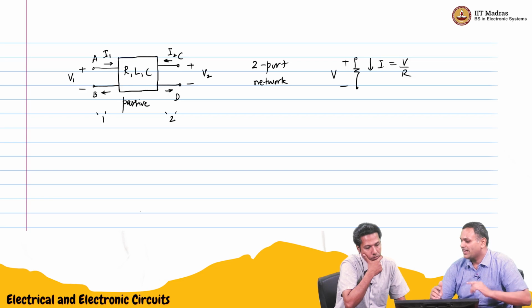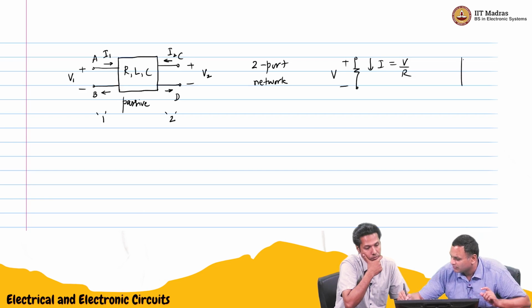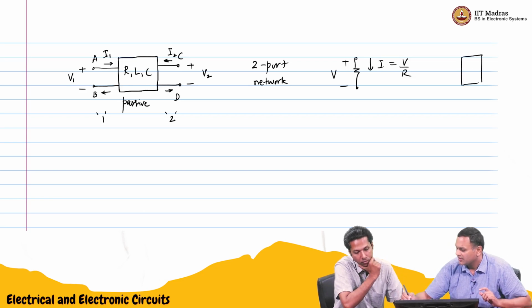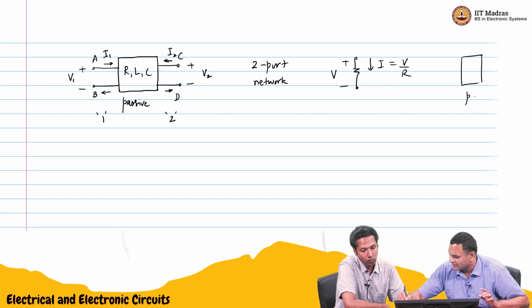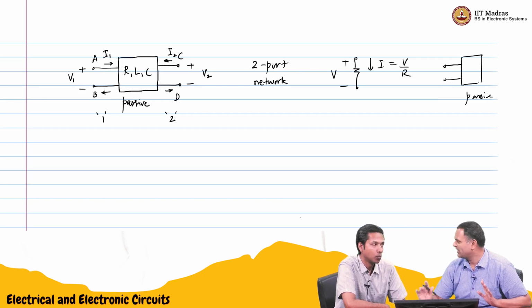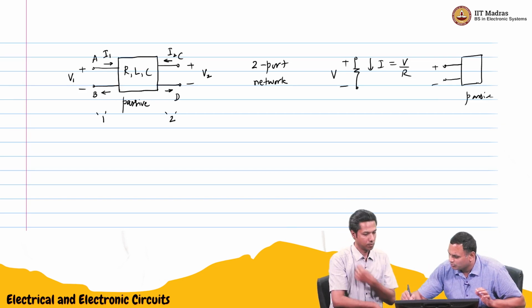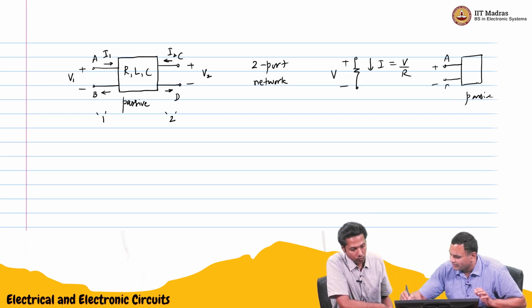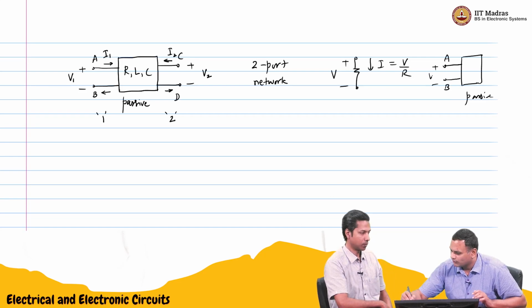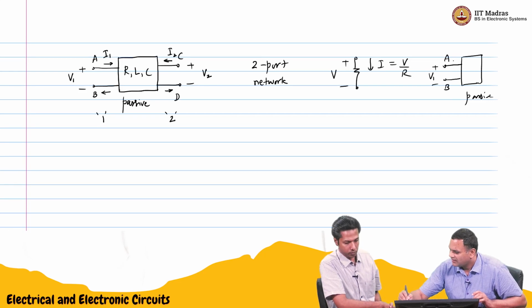Suppose I just had 1 block there, completely passive, with RLC for example. I only have 1 port. It could be a very big network, but I can abstract it using the Thevenin equivalent impedance. So I only have 1 voltage across, let's say, A and B, V1, and some current I1.